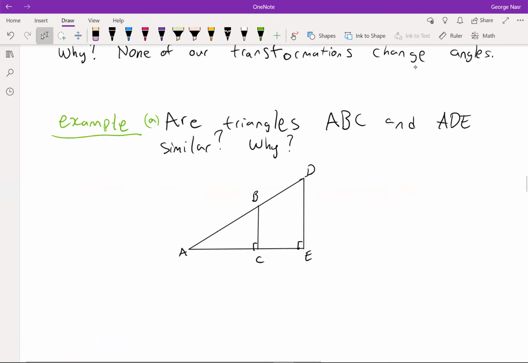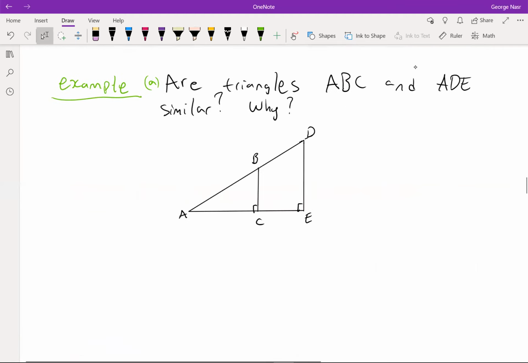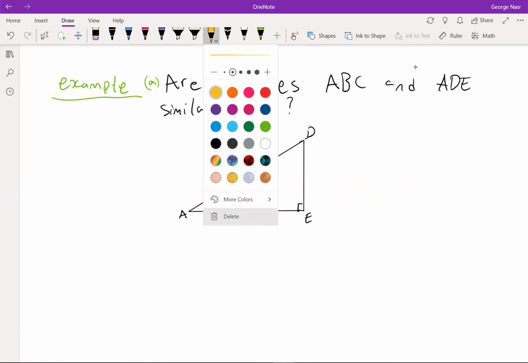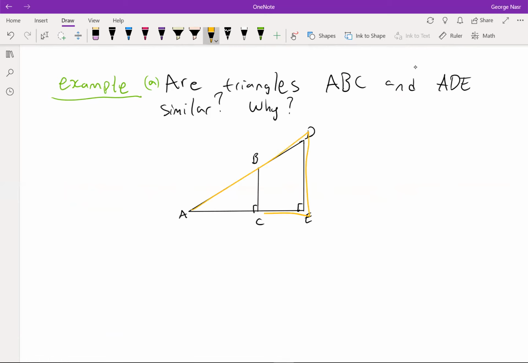All right, let's do a practice problem. Are these triangles similar? ADE, which is this big one, and ABC, which is this smaller one. So by similar, what do we really mean? We mean is one a stretched out version of the other.